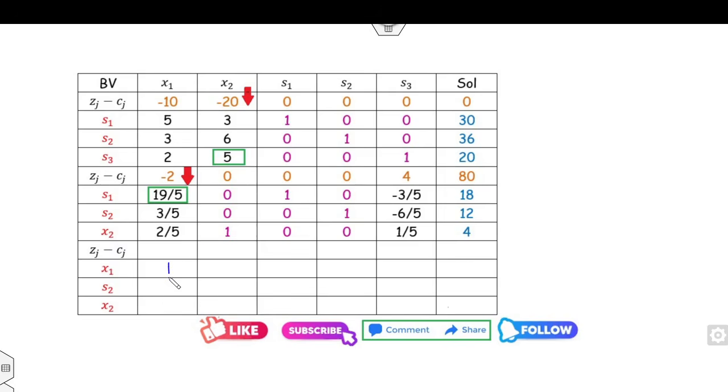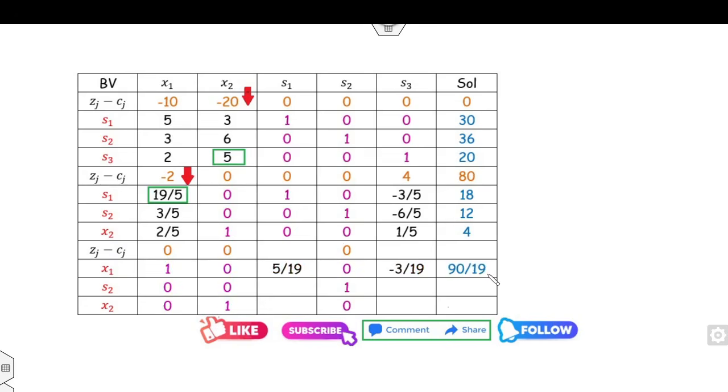Again, I can write the identity matrix. s2 second column, x2 third column. The corresponding value of the Zj minus Cj is 0. Divide the s1 row, that is the first row, by 19 by 5. So this is 5 over 19, 0, minus 3 over 19, and it is 90 divided by 19.